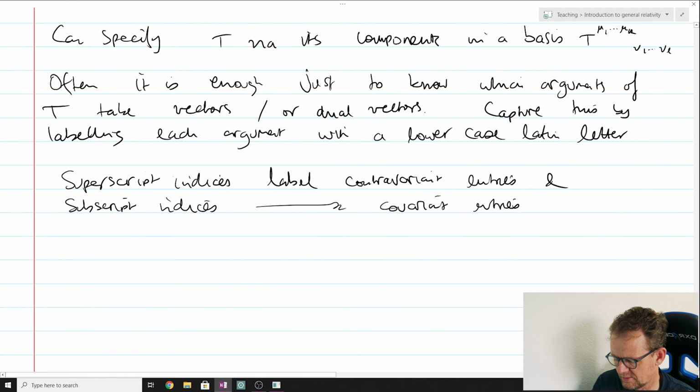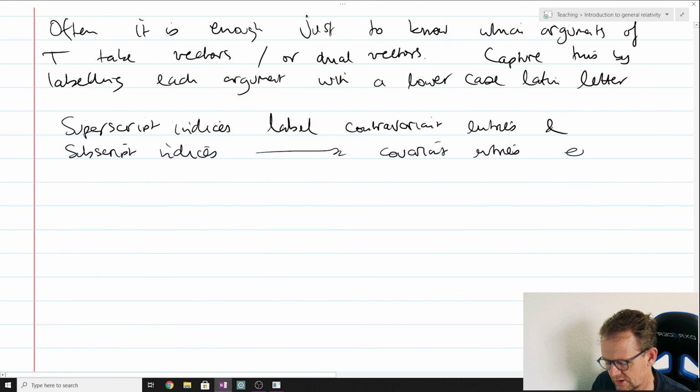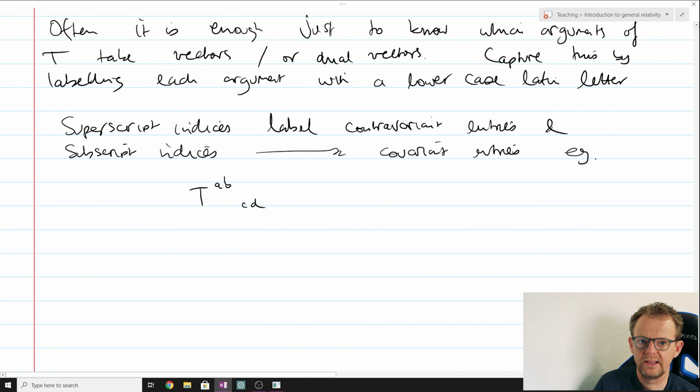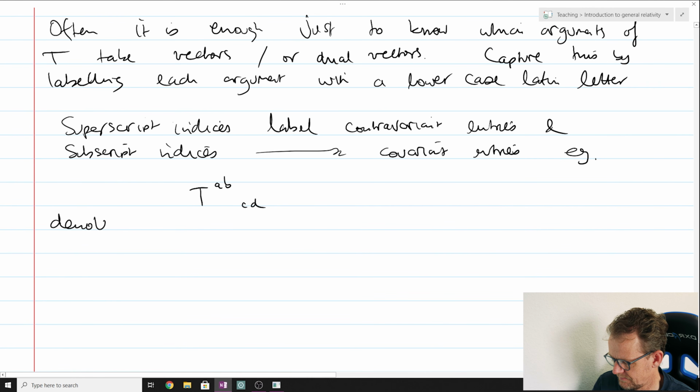An example is much more powerful than a general discussion. So what we're going to do is, for example, use lowercase letters to label which entries correspond to which types of arguments. So this thing here denotes a 2-2 tensor.